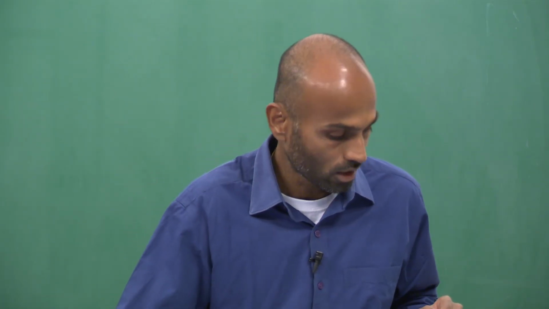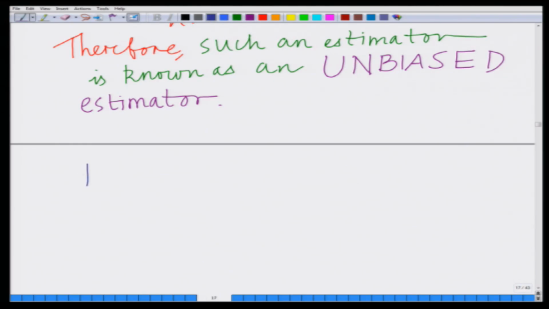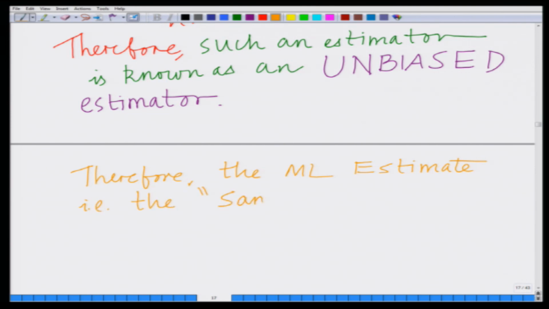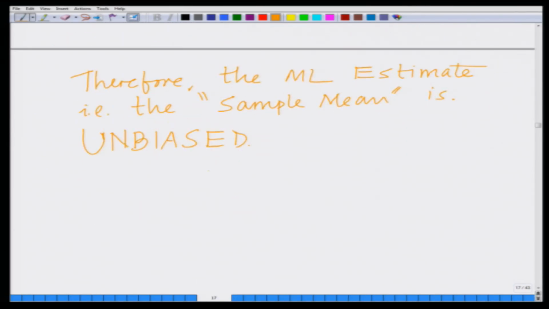Let us also note that down. Therefore, the ML estimate, or in other words our sample mean, is unbiased in nature, which means that expected value of h hat is equal to h.